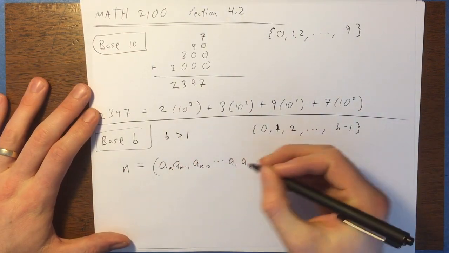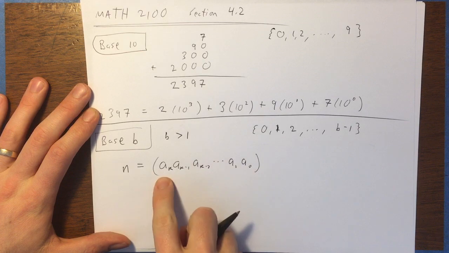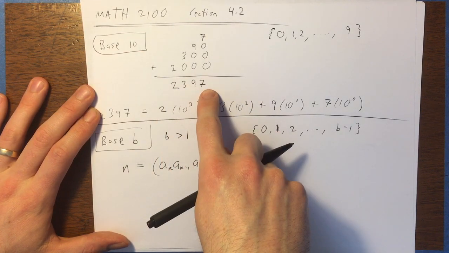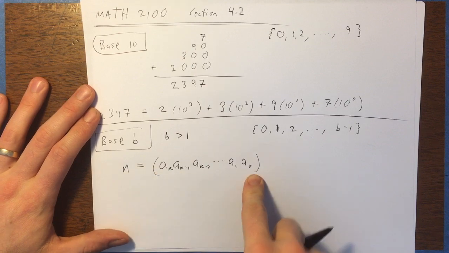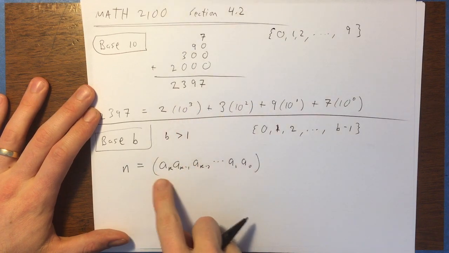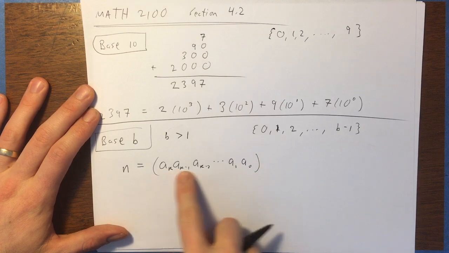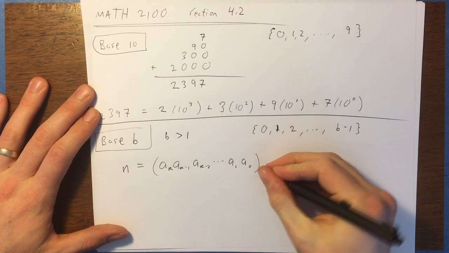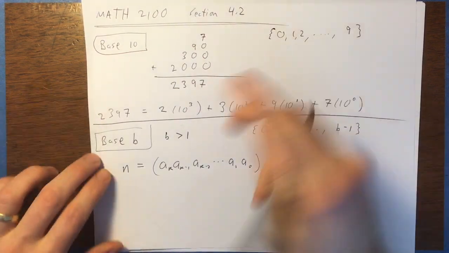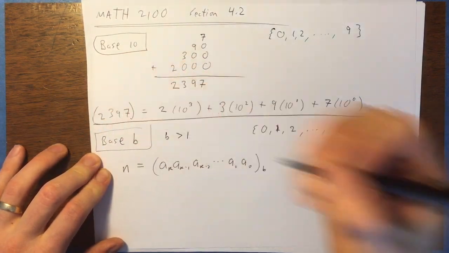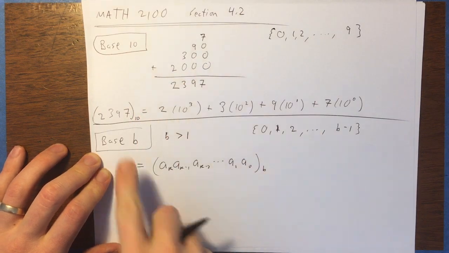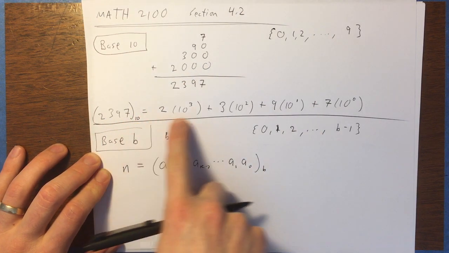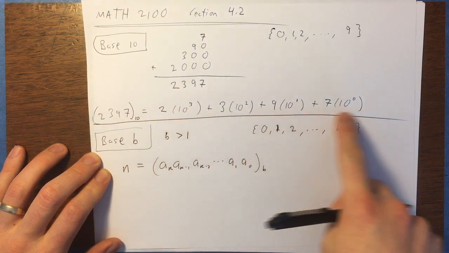Now, when we represent it like that, this is a positional number system, just like 2,397, where the position of the digits matters. So the order matters. But if you want to indicate that this should be interpreted in base B, you put parentheses around it and a little subscript B on the end. So for 2,397, if we put parentheses around that, we can put a subscript 10 to indicate that this should be interpreted as base 10, which means that each digit is multiplied by a power of 10.